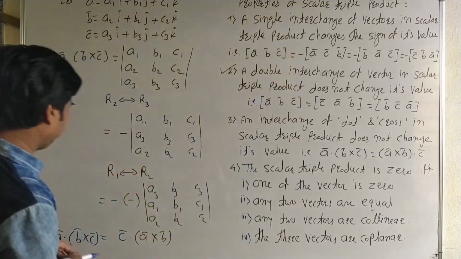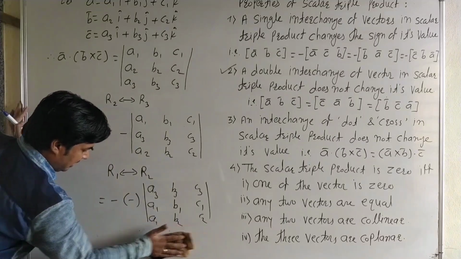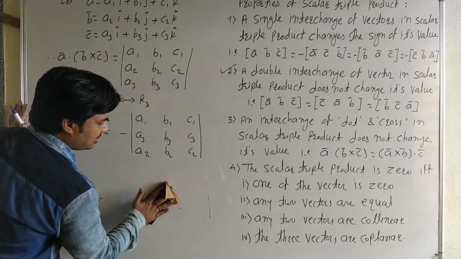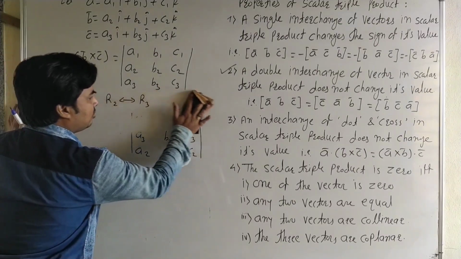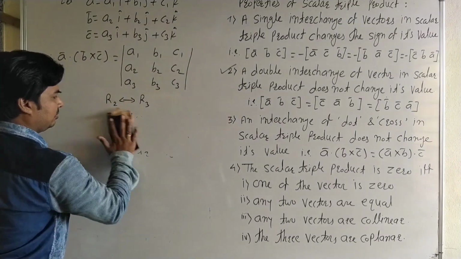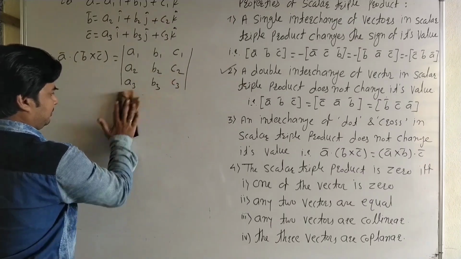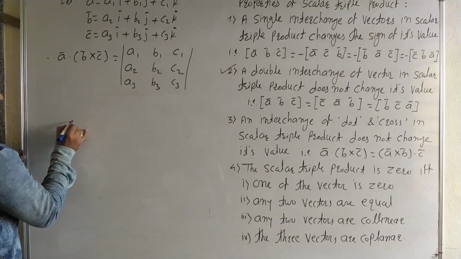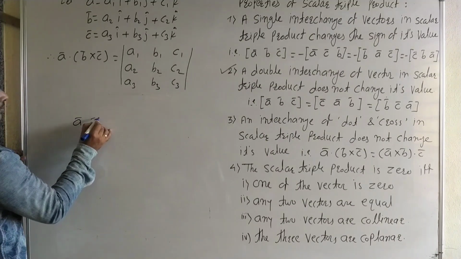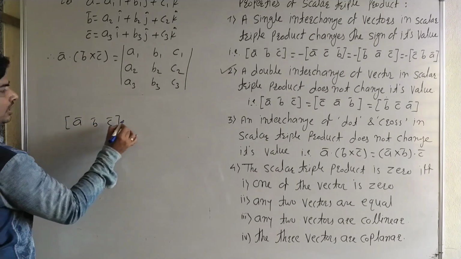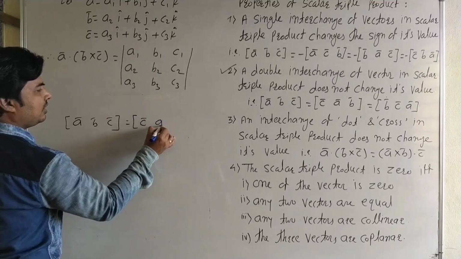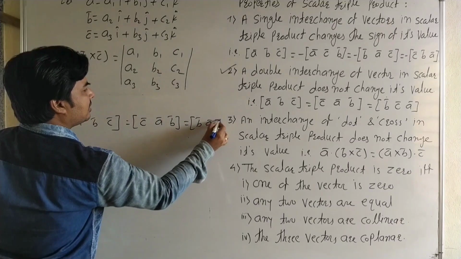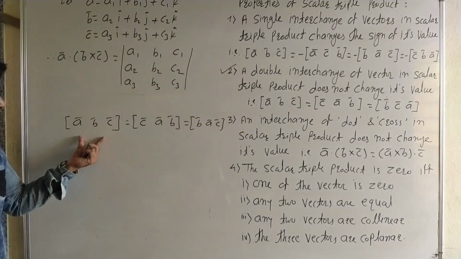Here we can write the double interchange of vectors in a scalar triple product. It is also called a cyclic change of the vectors. See carefully, cyclic change of the vector. Here we can write [A B C] is equal to [C A B] is equal to [B C A].